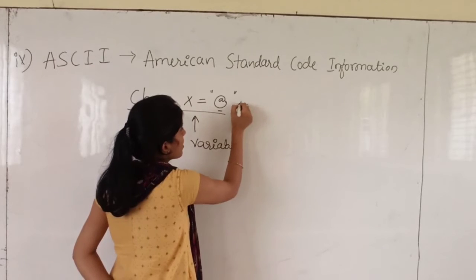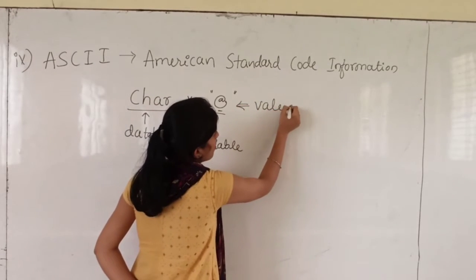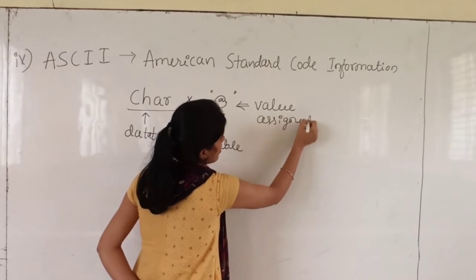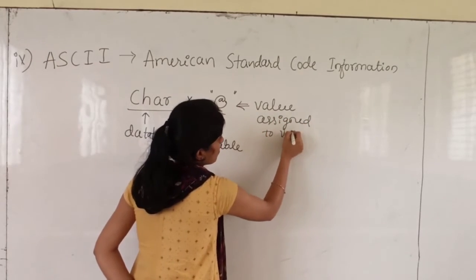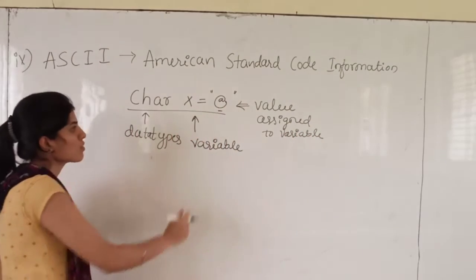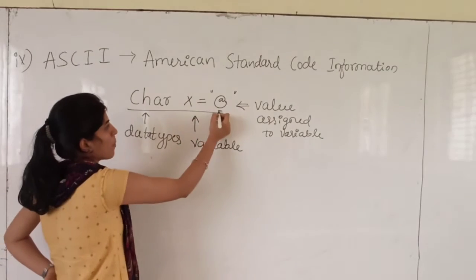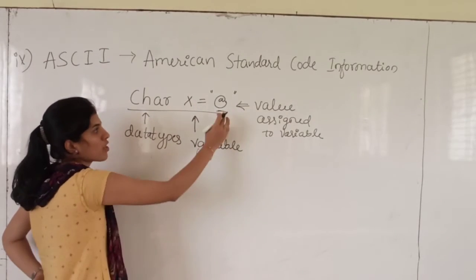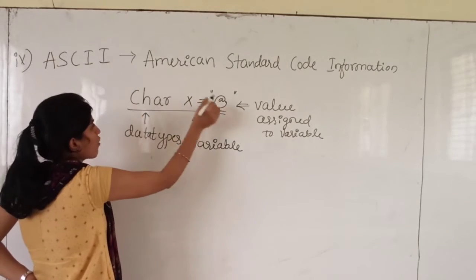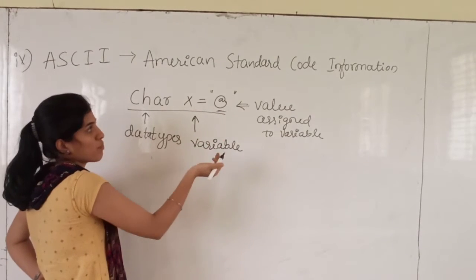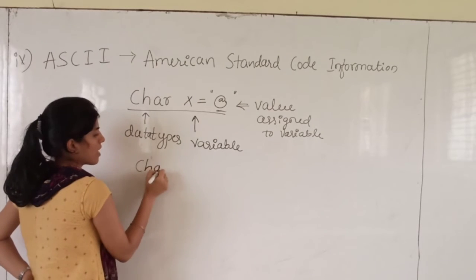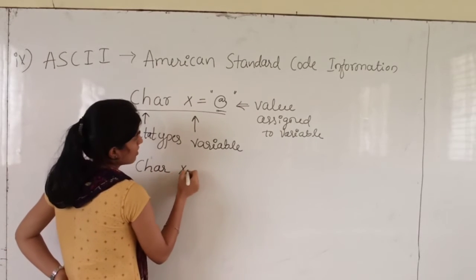This at is a value assigned to the variable. The computer cannot understand what at is, so with the help of ASCII code the computer can understand it.